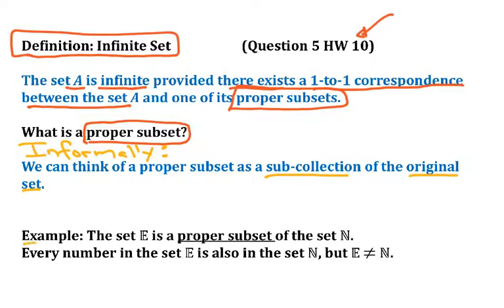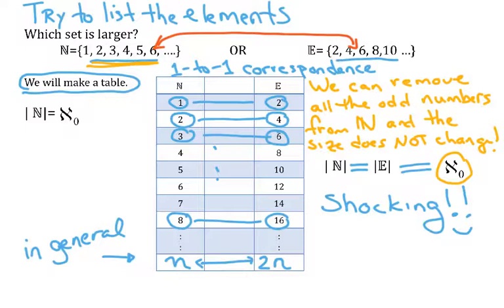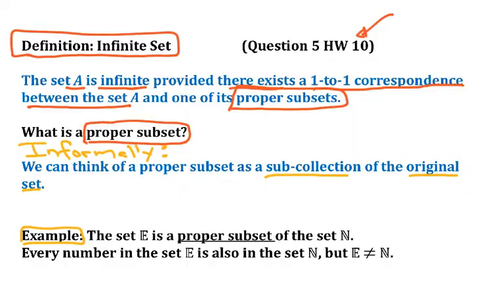So here's a good example, the one we just looked at. The even numbers is a proper subset of the natural numbers. Every number in the set of even numbers is also a natural number, but these are not the same. Now, don't let this confuse you. This is true.